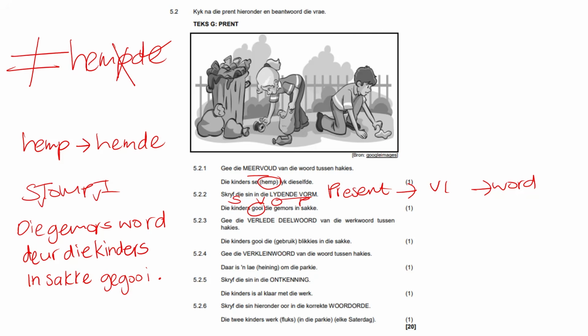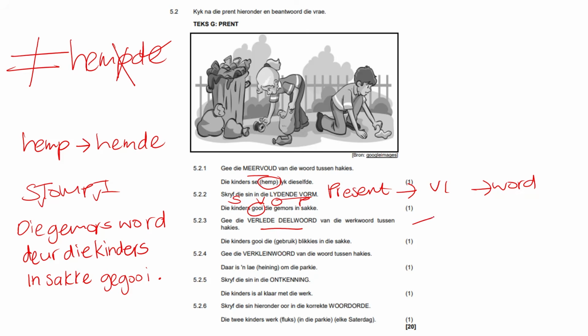The next question, gee die verlede deelwoord. So remember, deelwoorde are our participles. We get teenwoordige deelwoorde and we get verlede deelwoorde. Teenwoordige deelwoord is when the action is still happening, whereas verlede deelwoord, the action has already happened. So here they're asking us for a verlede deelwoord. And what you have to remember about verlede deelwoord is they can be swak or they can be sterk.